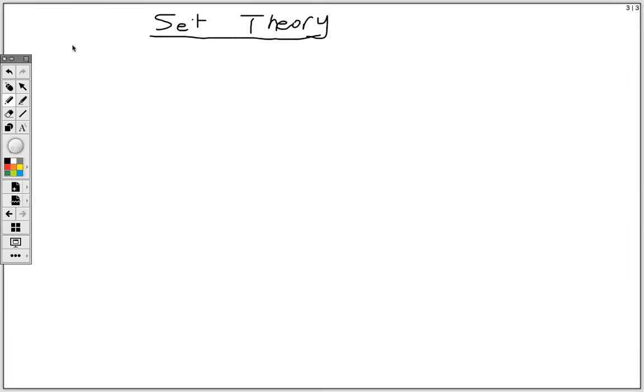I'm going to look at set builder and interval notation. Now, just to talk a little bit about set builder notation, this is just another way that we can represent a set of numbers.